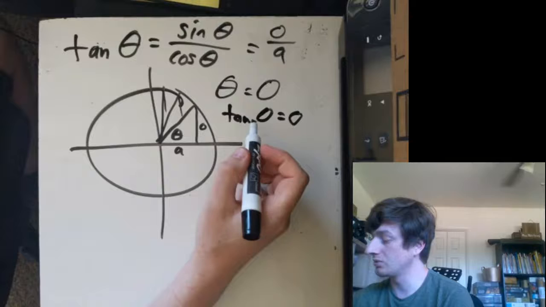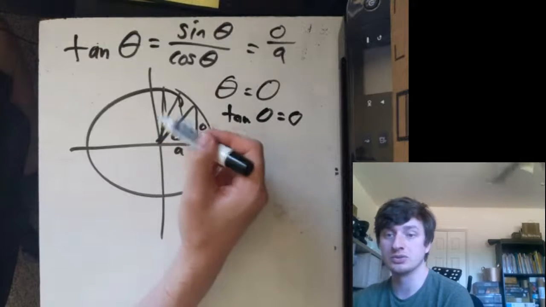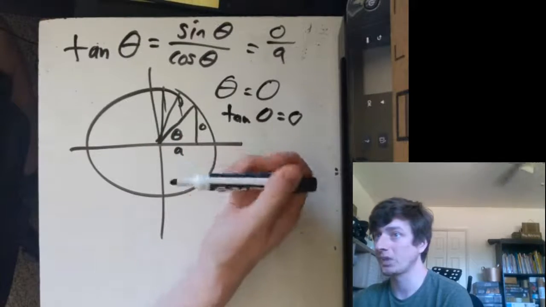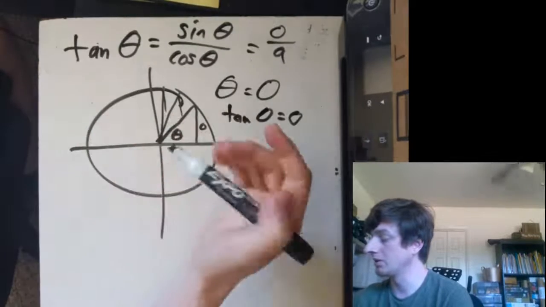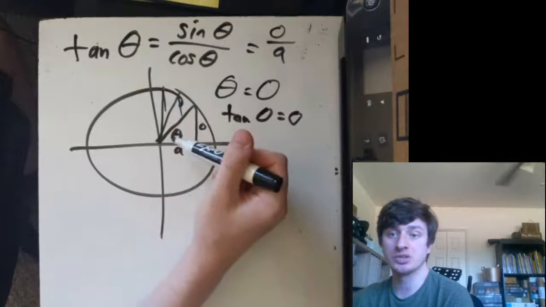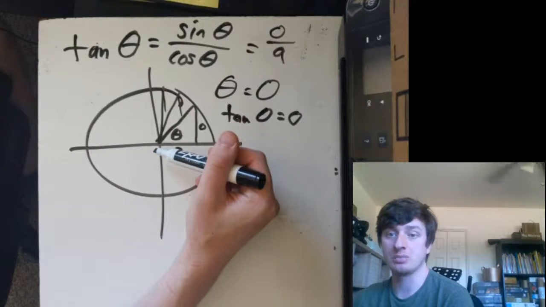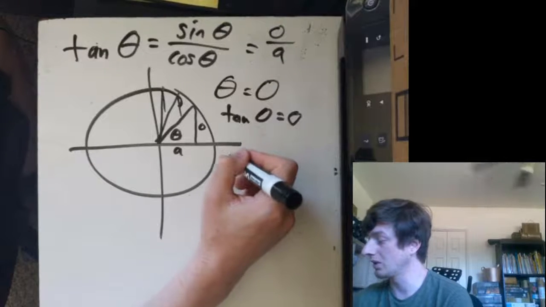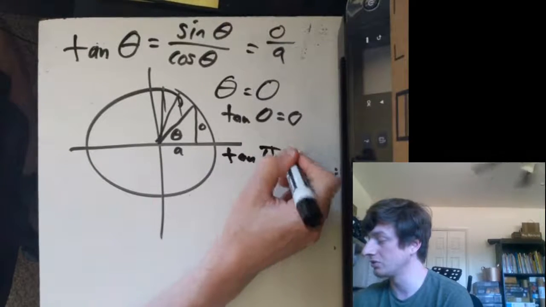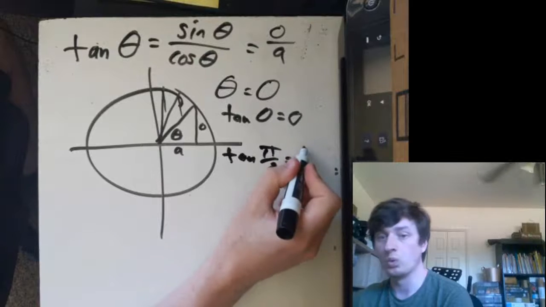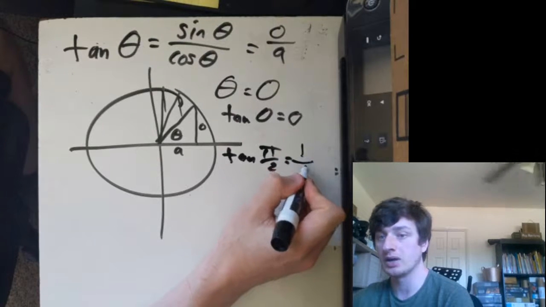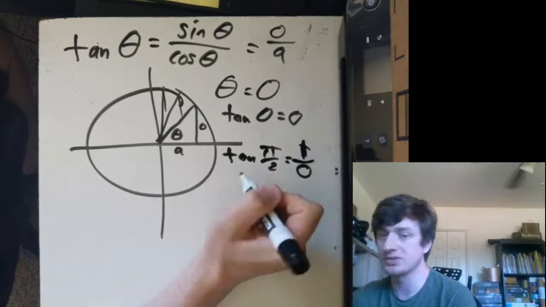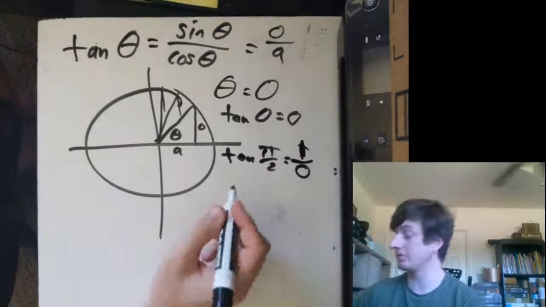When we get to 90 degrees, or pi over 2, this vertical line, the adjacent side is going to be 0, and the opposite side, the height, is going to be 1. So there we get tan of pi over 2 is 1 divided by 0. And you might be thinking, well, we just divided by 0. How does that work? Well, that's undefined.